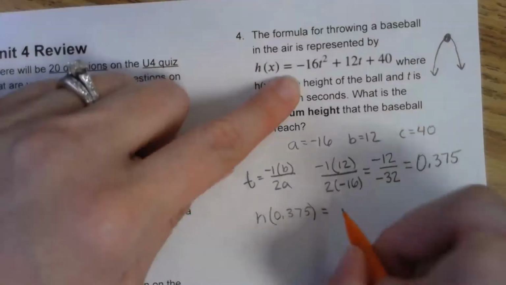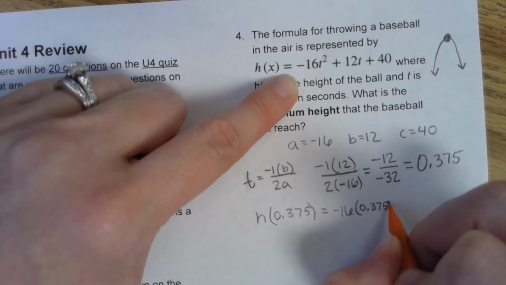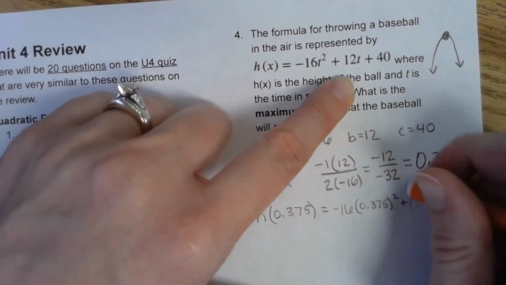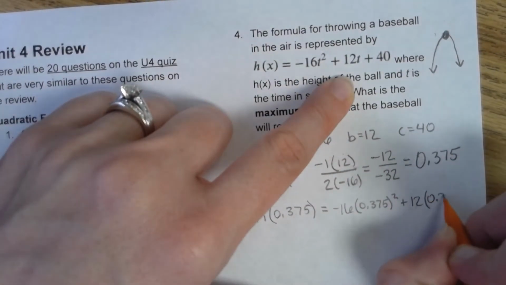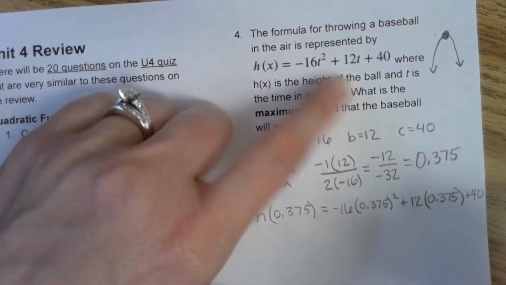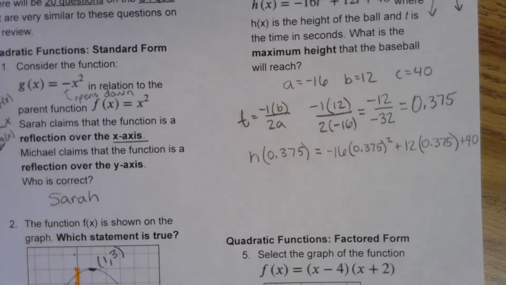So we're going to plug in negative 16 times our 0.375. We're going to square it. We're going to do 12 times the 0.375. And this may have been the time we should have just done the fraction because it's getting pretty lengthy to write it out. Whatever works best for you, decimal or fraction there.